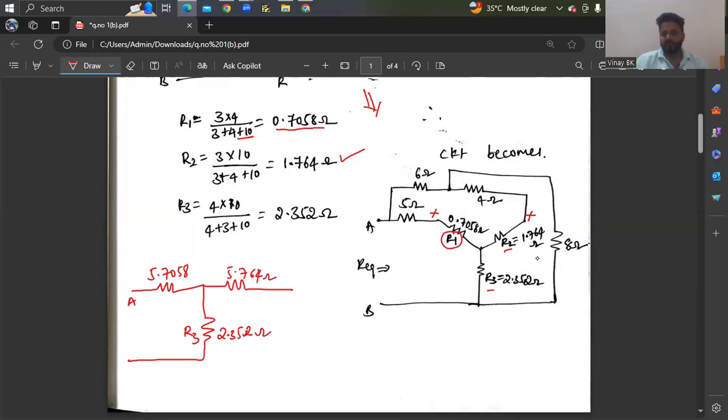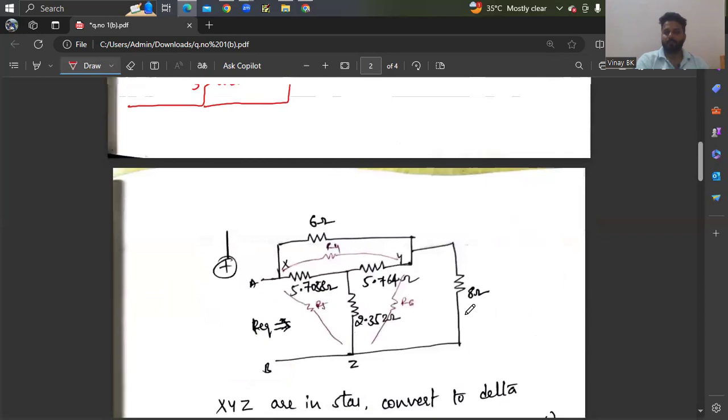This is connected in parallel to the 8 ohm resistor. So now we have one resistor, that is 6 ohm, from here to here. The circuit looks like this.